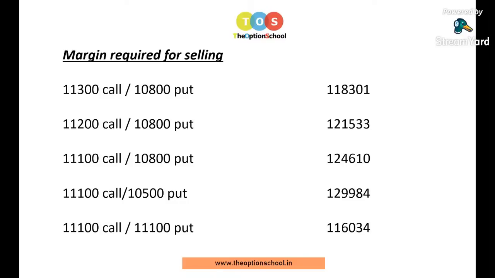Your margin requirement will increase unless you shift your put of 10,500 to maybe 11,100. So when you increase the premium collected on the put side, or when you try to neutralize your delta, you are having a very good impact on your margin requirement also. Your available margin increases, although the amount is very little. So from 1,29,000 to 1,16,000, that means 14,000 rupees.